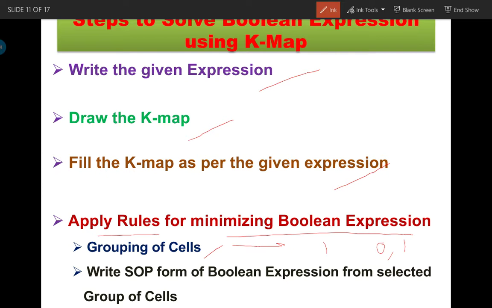Now we will concentrate only on the cells which contain 1, and we have to make the grouping of those cells, right? So first of all, we will see how to make the group of the cells, and after that in the next lecture we will see how to write the Boolean expression from the selected group of cells, right?